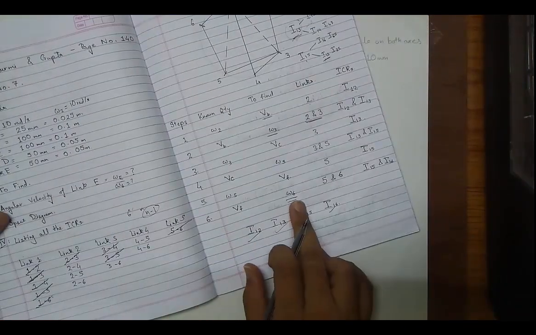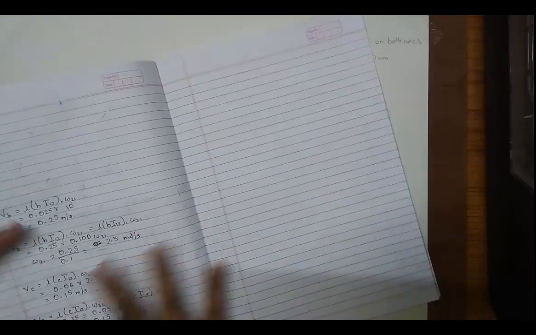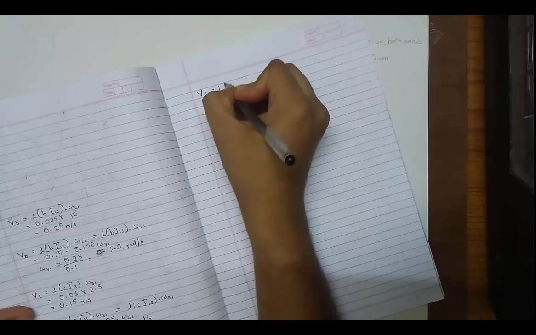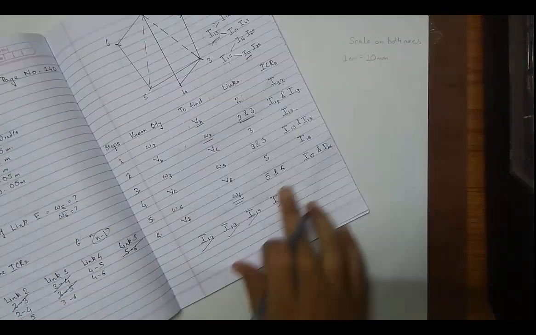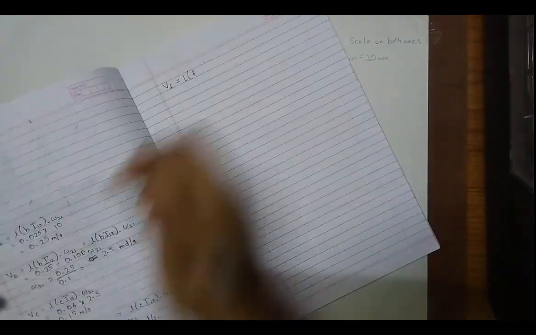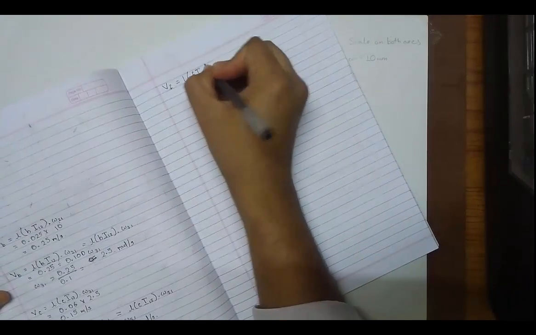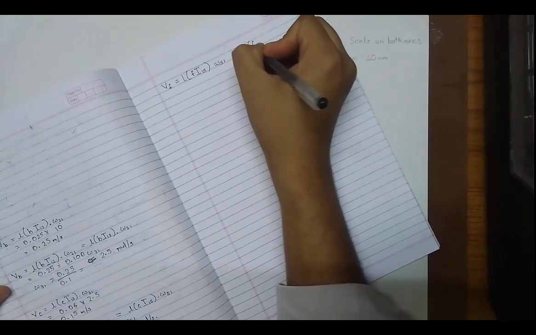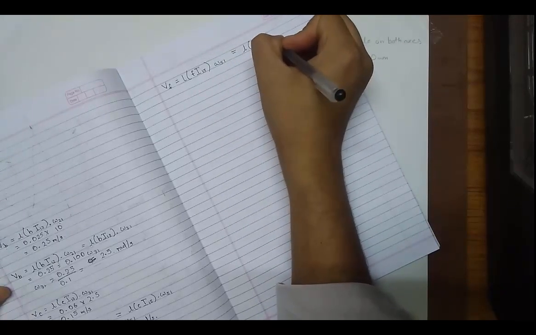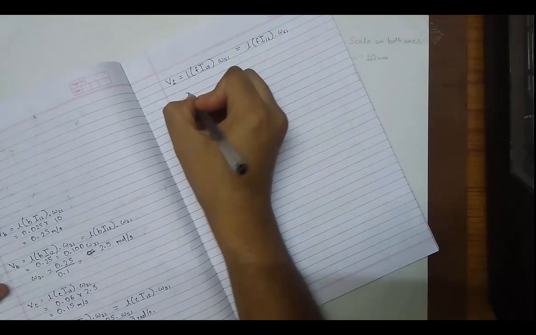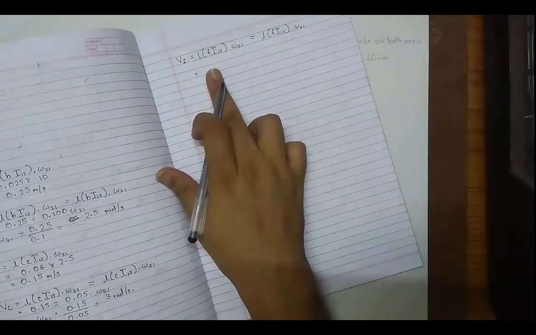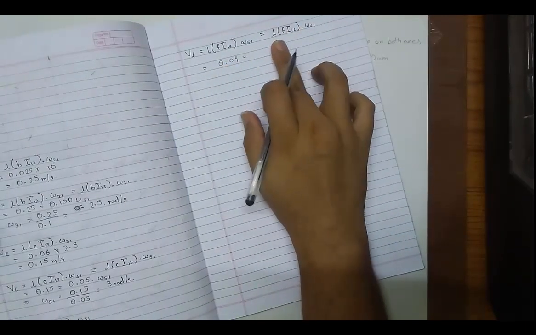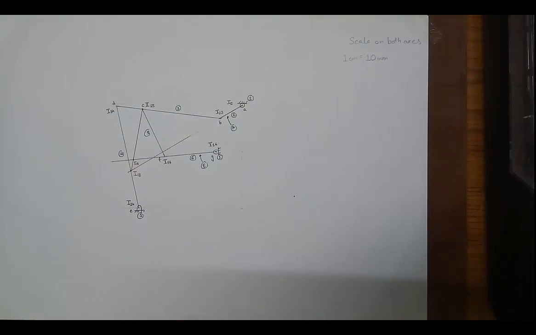Now using velocity of F, I have to find angular velocity of 6. Velocity of F is equal to length of F, which are the two ICRs? I15 and I16. I15 omega 51 is equal to length of F into I16 into omega 61. F into I15 is 0.09, equal to length of F to I16.